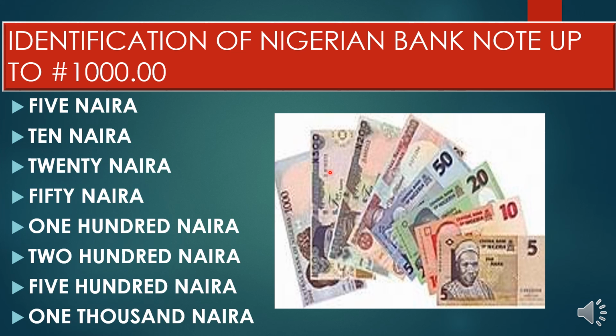After the 500, the last denomination is what? 1,000 naira. For now, the banknote of Nigeria is at 1,000 naira. That is the highest banknote of Nigeria. Okay, maybe in subsequent times they might come up with maybe 2,000 naira note or 5,000 naira note, but for now the banknote of Nigeria, the last of it is what, and the highest of it is 1,000 naira note.